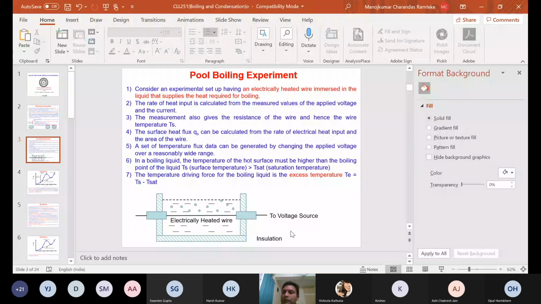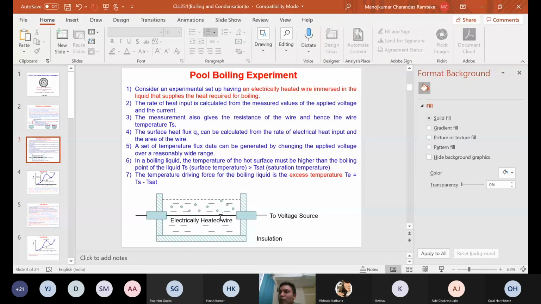Still not clear, sir? Yes, sir, it's clear. The idea is clear. But sir, how exactly do we go about it? So here, by changing the voltage, you are in a way changing the surface temperature of this wire. Remember what this ΔT is? ΔT is nothing but the temperature above the boiling point, isn't it?